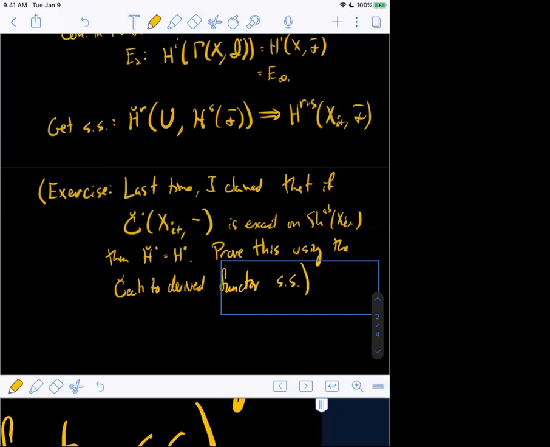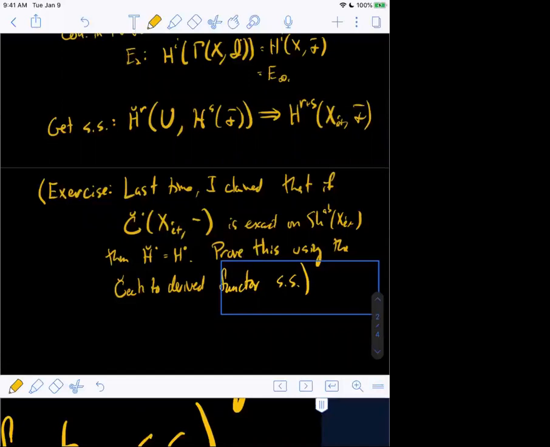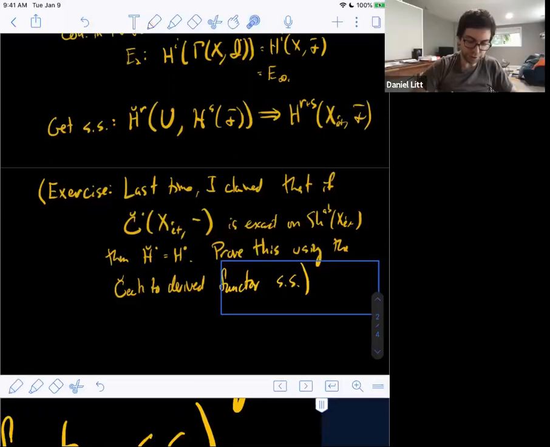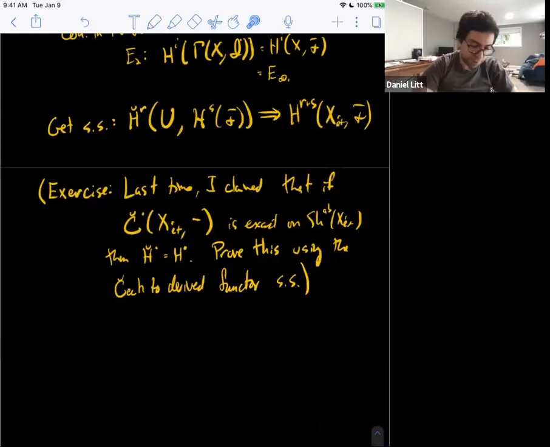Can I ask a question about the spectral sequence? Yeah, of course. So this cover U is just an arbitrary cover of X. That's right. So given an arbitrary cover U, you can get the spectral sequence. You don't have to take the inverse limit of the cover of X. That's correct, but take a look.